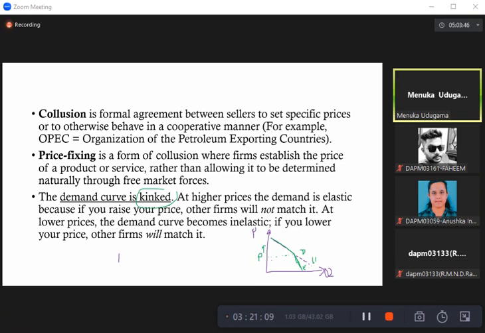Let's say at this price, you were selling this amount of quantity, and if the price increases to this much, your quantity would reduce, plus your buyers would go to other sellers. So as a result, you would lose out.